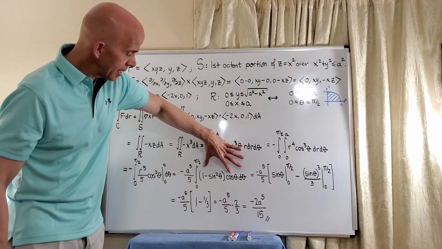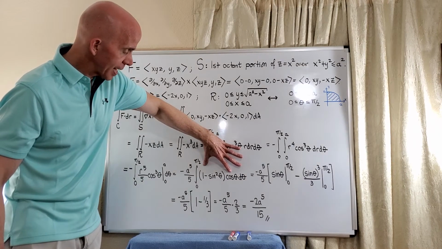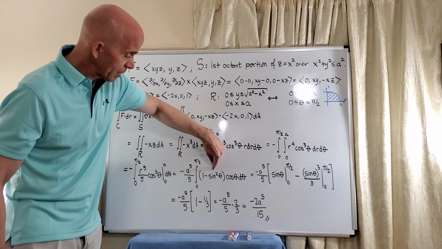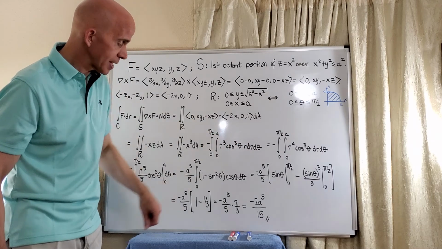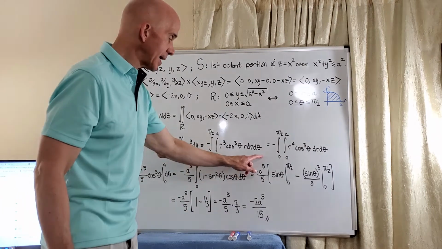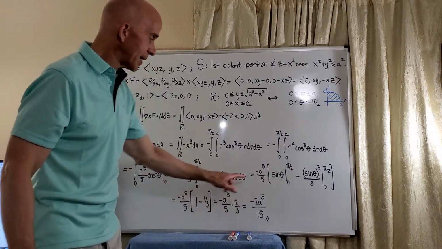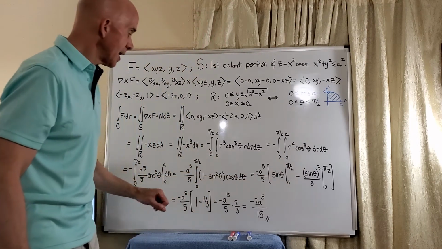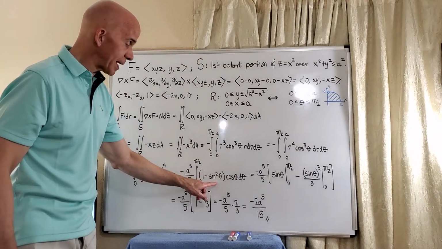We can easily anti-differentiate cosine to get a sine. And then, of course, this is table ready because the derivative of sine is cosine. So when we anti-differentiate, we have the negative a to the fifth over 5 times sine theta evaluated between 0 and pi over 2. And then here, add 1 to the power and divide by the new power.